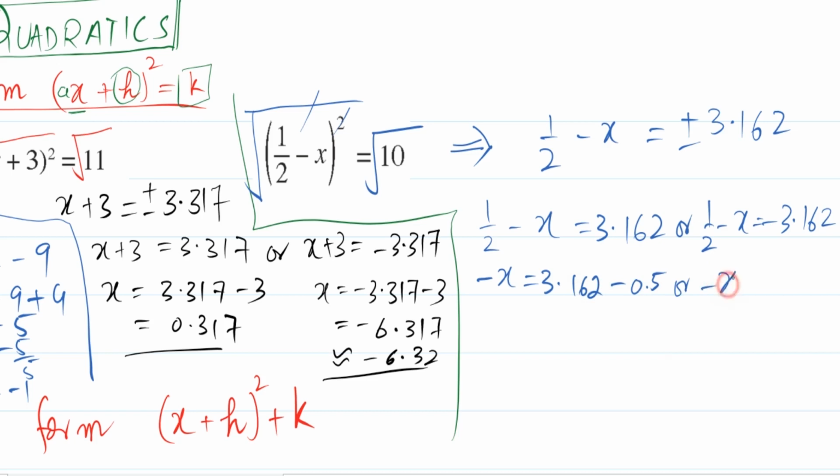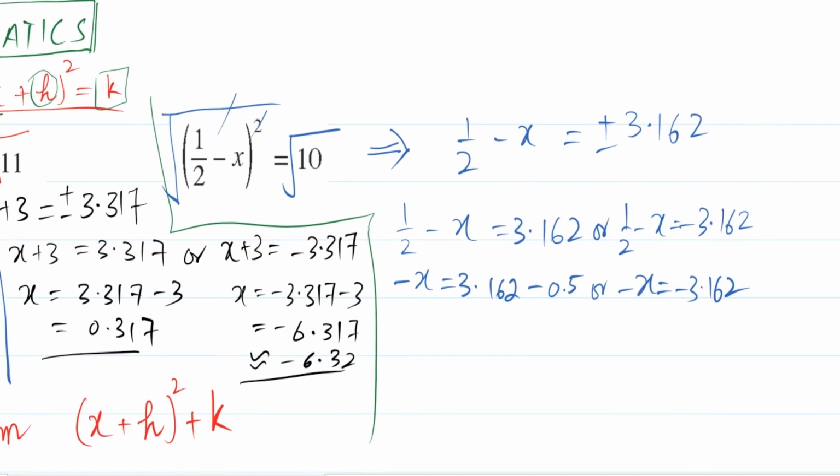Minus x is equal to minus 3.162 minus 0.5. So minus x is equal to 3.162 minus 0.5, that will be 2.662.